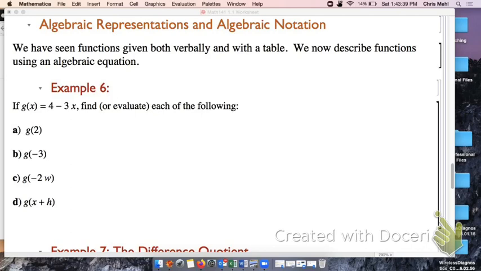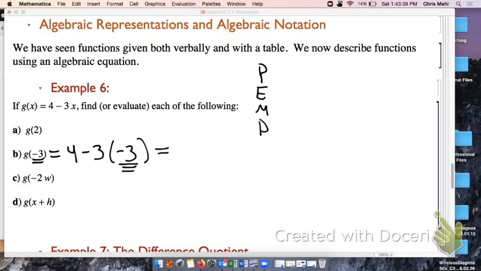Now I want to do g of negative 3. G of negative 3 would be 4 minus 3 times negative 3. Again, notice whatever is in the parentheses, whatever's being inputted into g replaces x in the equation. Now PEMDAS says, okay, I don't know how many of you know about PEMDAS, and I would make use of this as much as you can throughout the quarter.